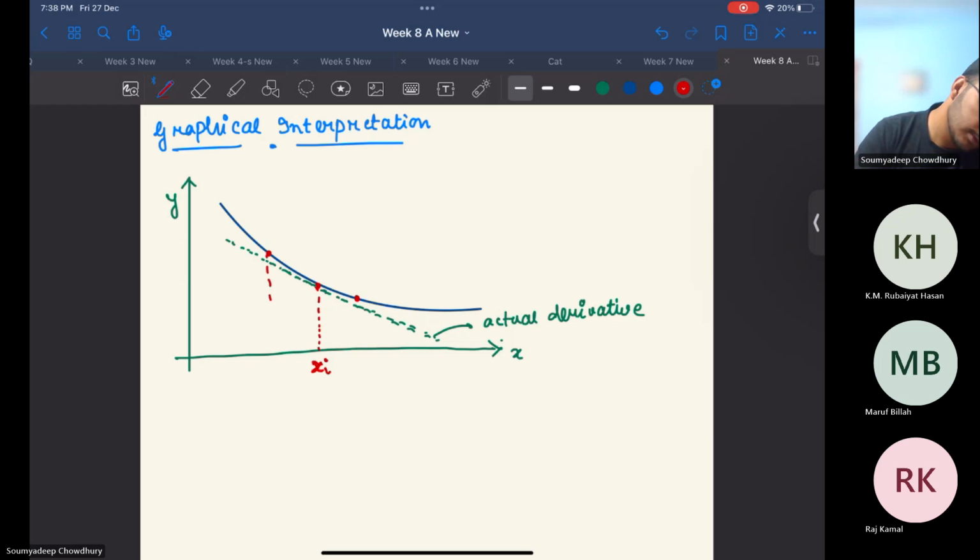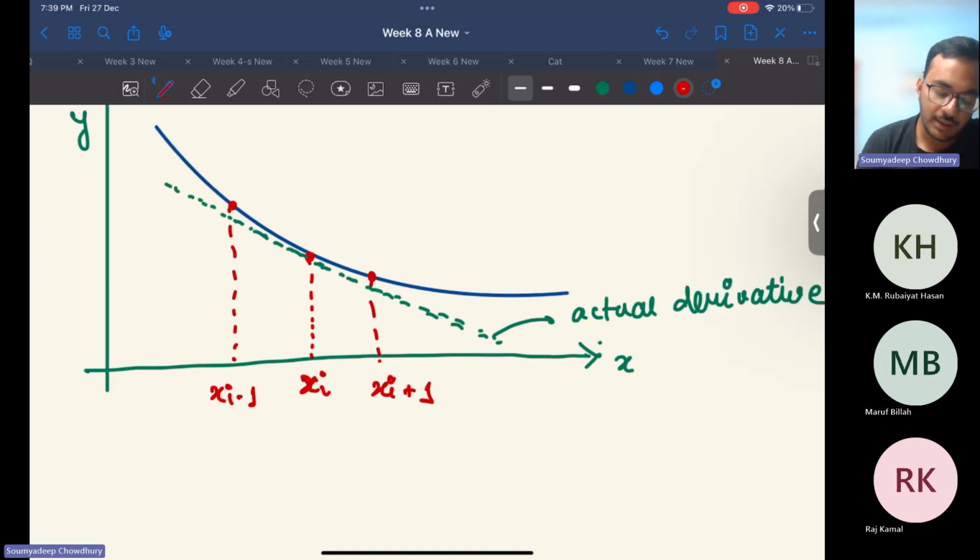In forward difference, between xi and xi plus 1, we draw a straight line and find the slope of this. So this gives me forward difference. And the slope of the straight line between xi and xi minus 1 gives me the backward difference formula.